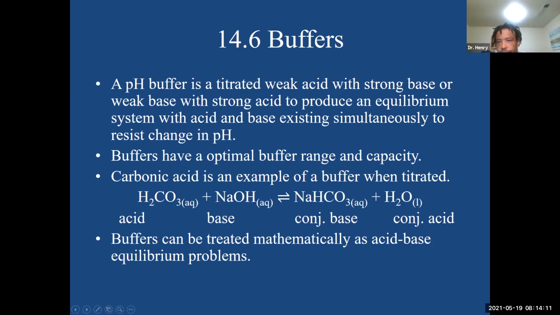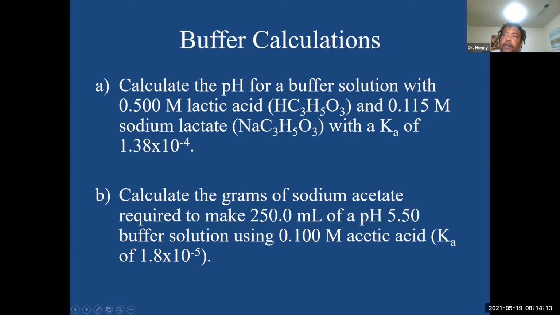Okay. So here, calculate the pH for a buffer solution with 0.5 molar lactic acid and 0.115 molar sodium lactate, with a Ka of 1.38 times 10 to the minus 4. So what are we going to do?